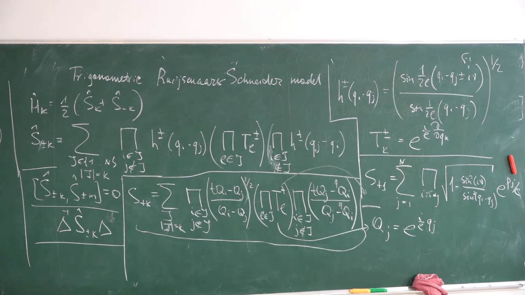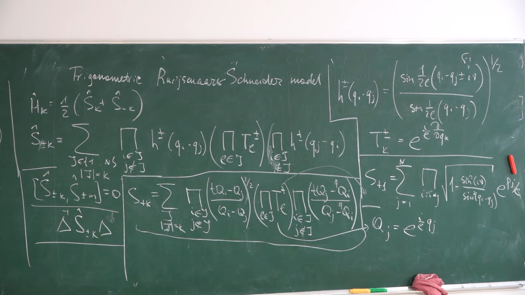So this ground state, which we are going to use, is more complicated than in the Calogero case. It has the form, let me write it first like this. It is a product.